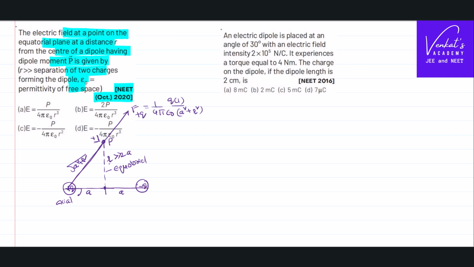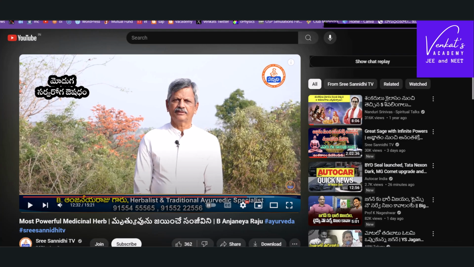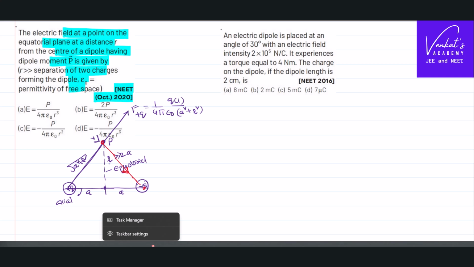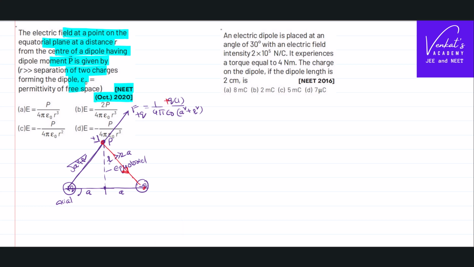Similarly, this negative charge applies a force of attraction on this unit positive charge, that is this way. This is also having the same magnitude, nothing different, but instead of the positive charge I have to write the negative charge. So, the force due to the positive charge in magnitude equals the force due to the negative charge, and these two forces have a certain angular separation.